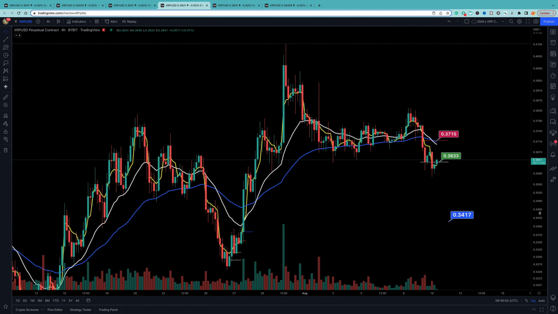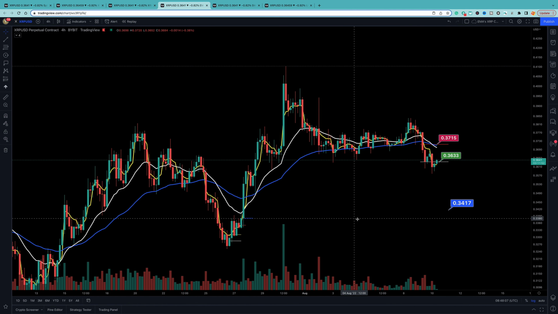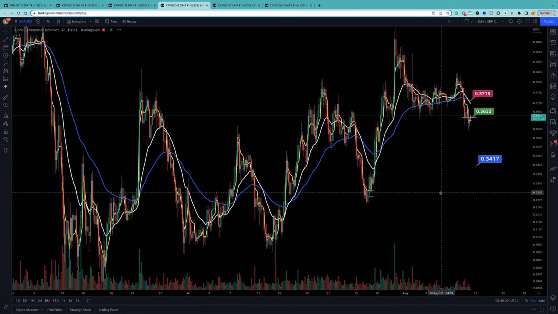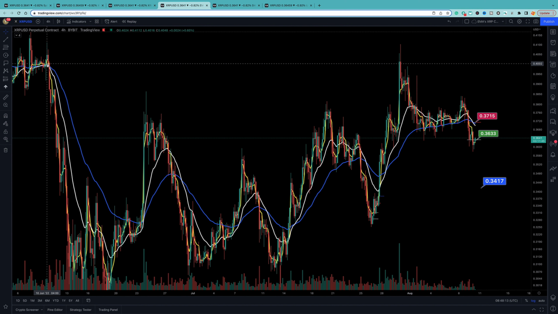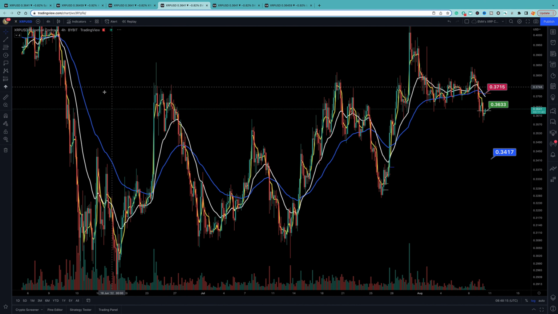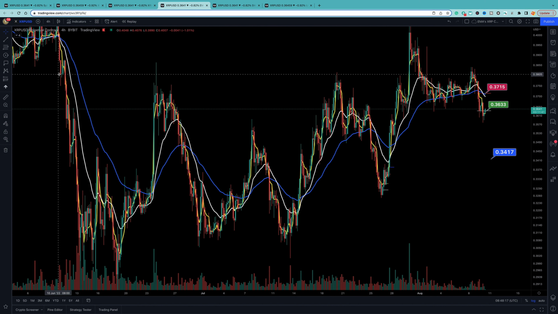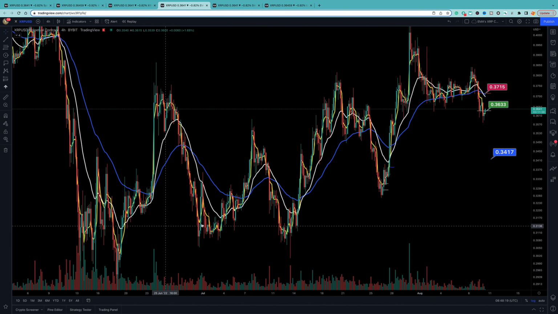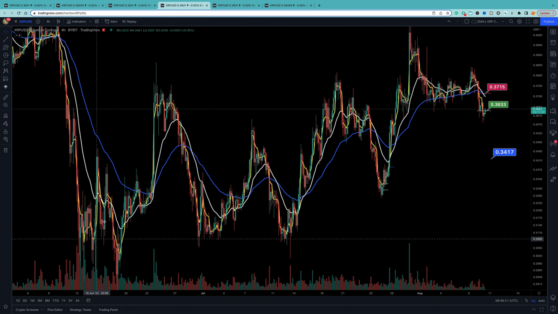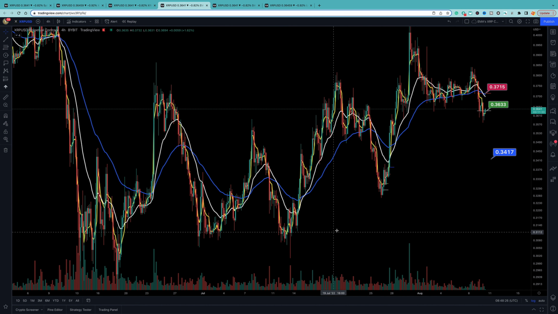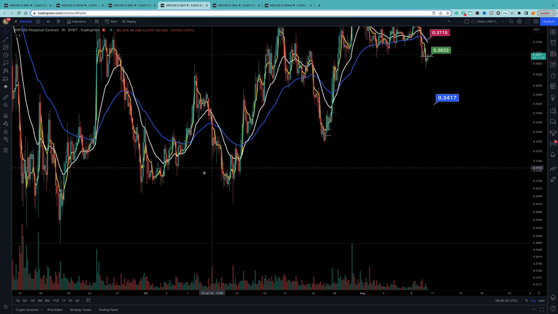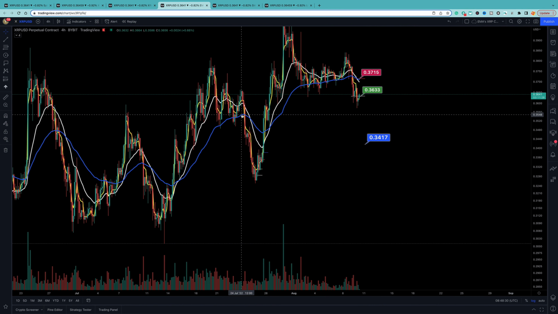When I zoom out, if this holds, in this whole consolidation phase you can see every time the 4 hour crosses over, there are levels down. On this one, there's 1, 2, 3 levels down, and that's the bigger one. But on this one here, when it crosses over, there's 2 levels down. Crosses over, 2 levels down.